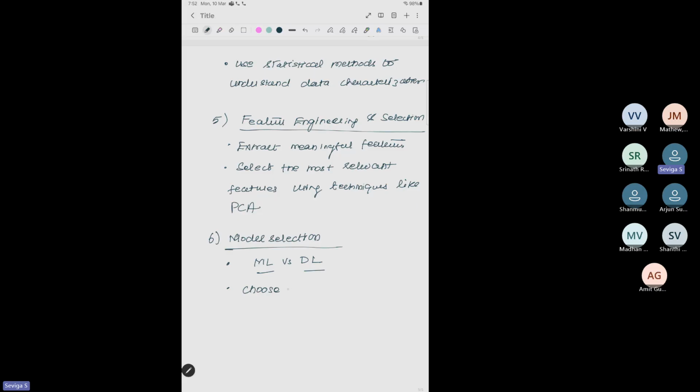Suppose you are choosing imaging data, then a CNN would be more appropriate. If you are using electronic health record data, then a normal machine learning model will be sufficient. So you have to choose an appropriate model for the data. How will you choose your model? It is based on the data size and complexity.